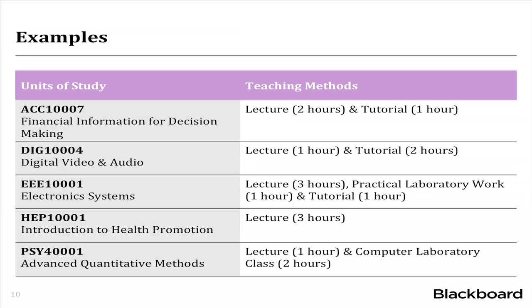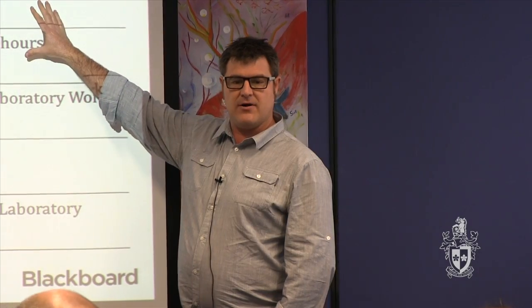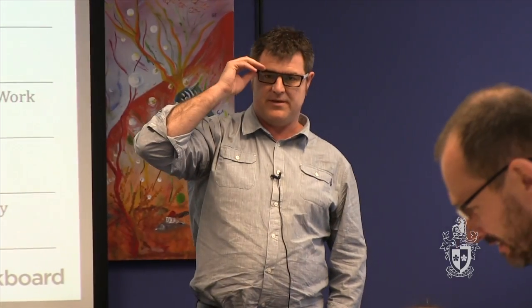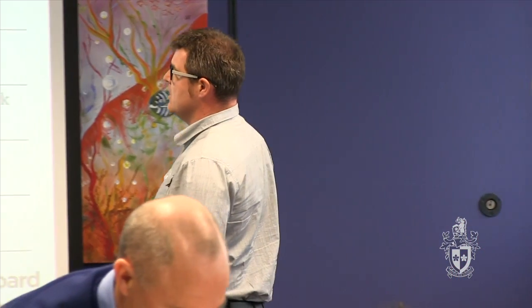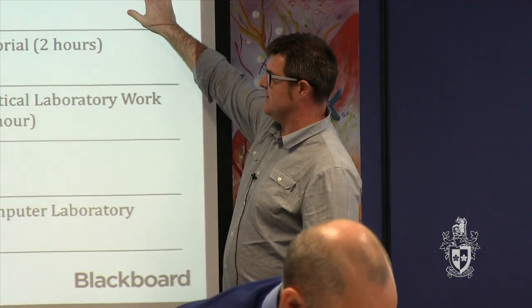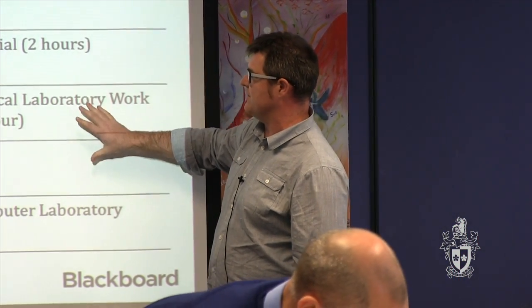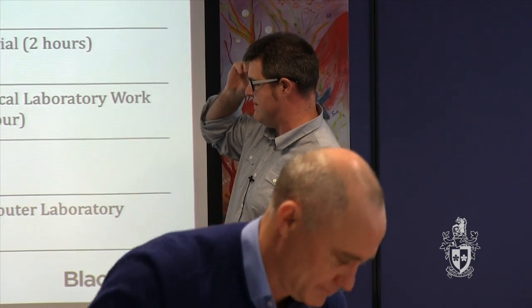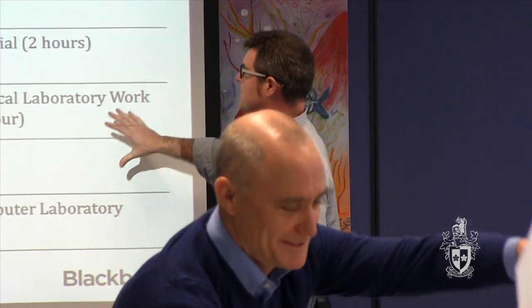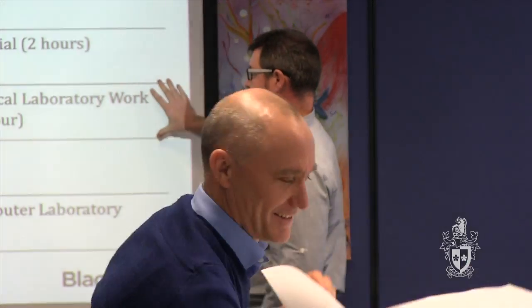And what I've done with those units is I've identified the teaching methods. As you get organised, these are generally the contact hours that students have. And this looks all so familiar for me.